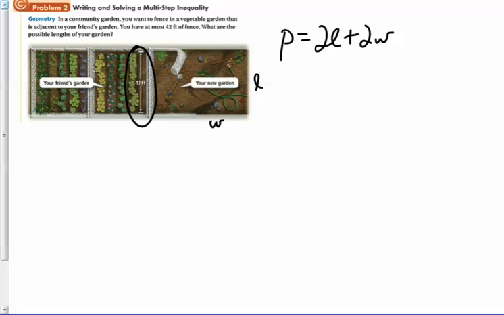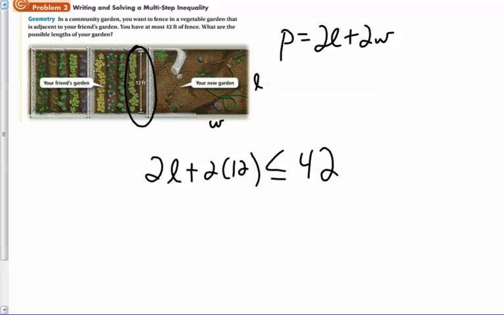So we really don't need that 12 feet, but we still want to use it so we know how far that is. So we're going to say 2 length plus 2 times 12, and we have at most 42 feet of fence. So this has to be less than or equal to 42. So now we have 2L plus 24, and that's got to be less than or equal to 42.